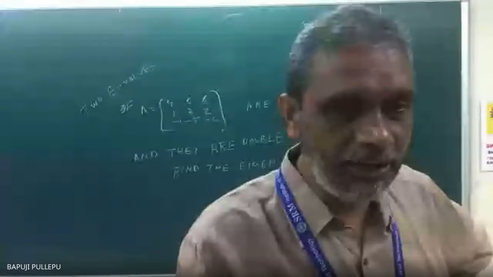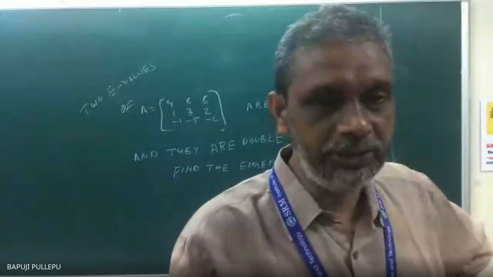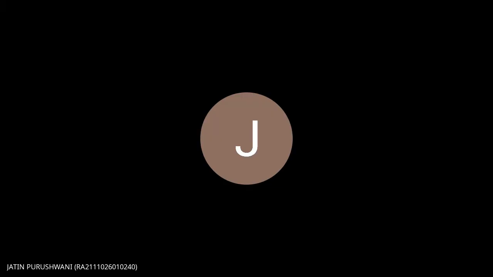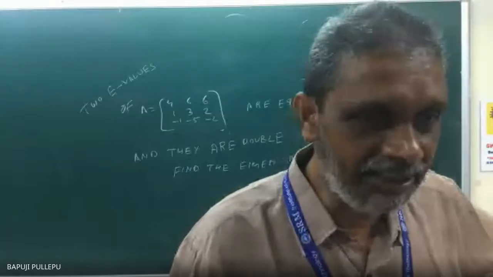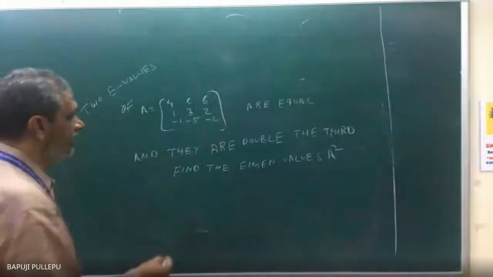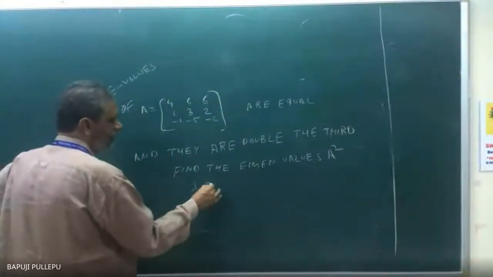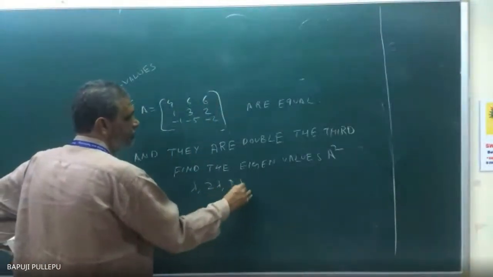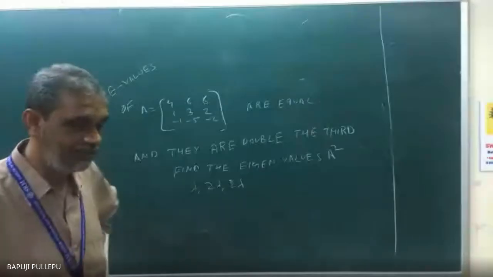So the three eigenvalues appear as lambda, 2 lambda, 2 lambda. Right or wrong? Yes, sir.